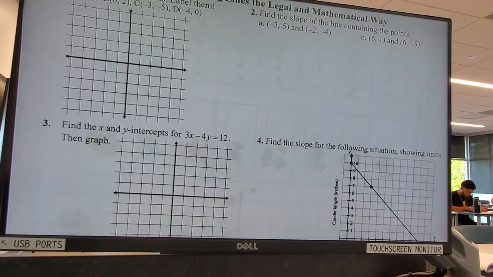And this one is 9 over 1. You're good. If you graphed this one, it would be 6, 1, 6, negative 5, so it's got an infinite slope. Yeah, you're fine. Okay.